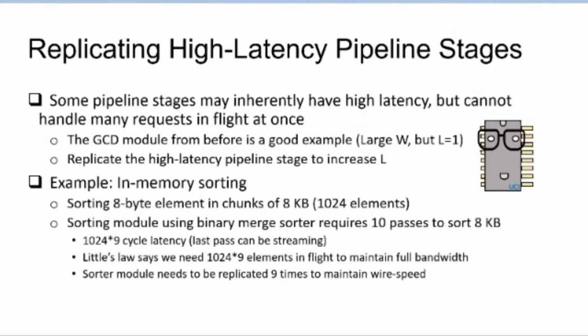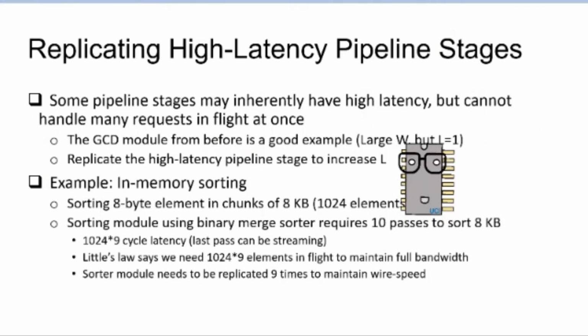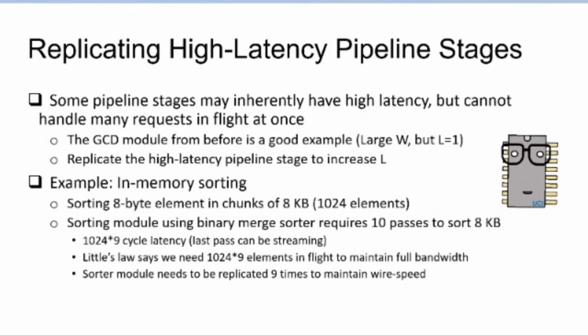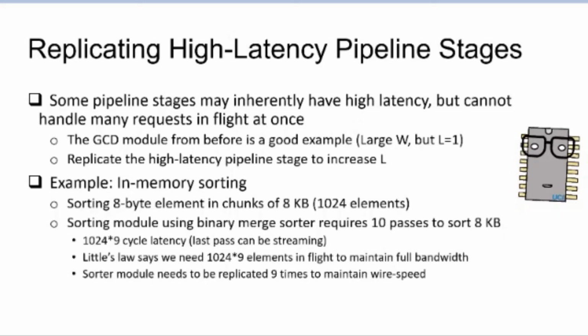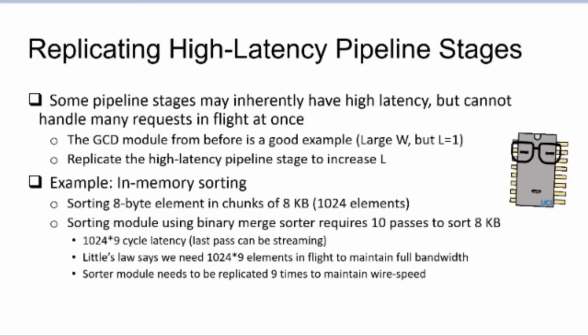So in order to increase L, the number of elements being processed at a given time, we need to replicate the high latency processing module. So we have to have a lot of those. For all the inputs that come in, we can distribute them across the modules in a round robin fashion if the latency is fairly fixed.